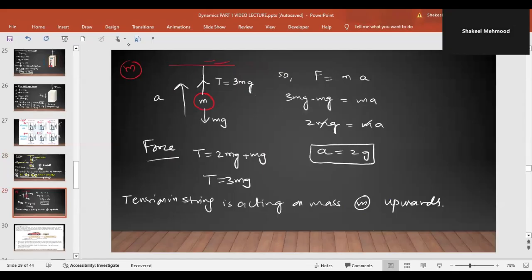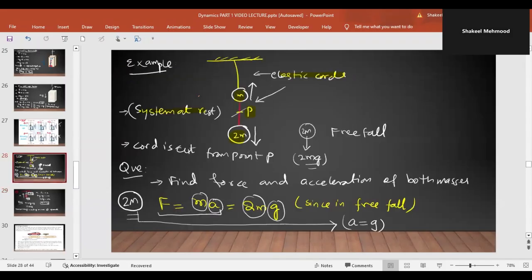Okay, next thing, what will happen to the mass m? This mass m has its weight mg acting downward, and this tension T is the special thing, which is 3 mg. So why is the tension 3 mg? The reason is we have to go back to the previous slide. Over here, you have to mark the tension.